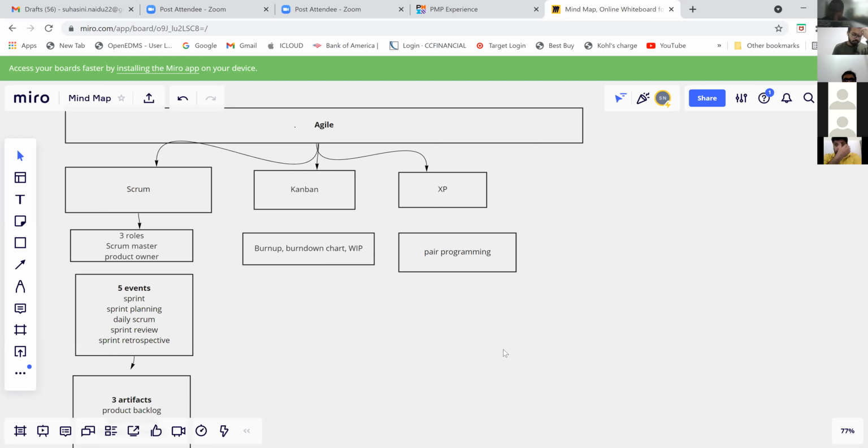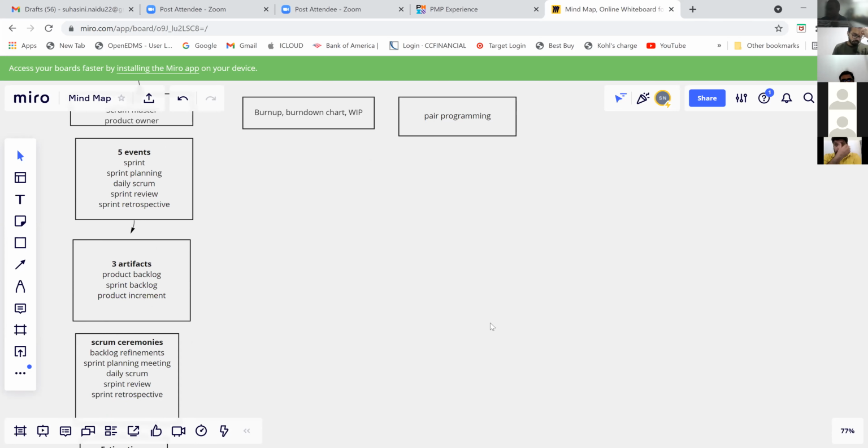Backlog refinement is done to get the backlog ready. Then the sprint review, with the product increment, where we check the velocity and get feedback. Then the retrospective, where Kaizen is the practice.